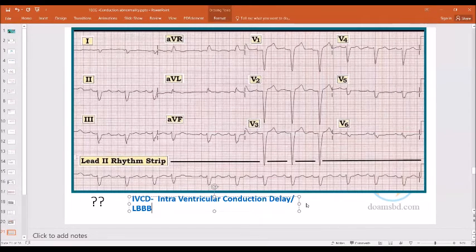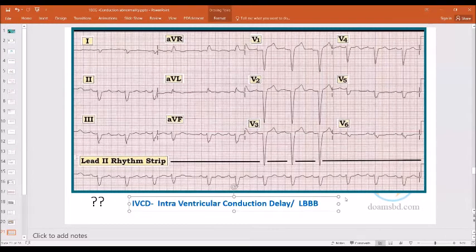Sir, if we are going with LBBB, the same opinion of the fractionation here, right? It could be LBBB again. But the width of the QRS is less than 3 small squares. Though there is a fractionation, the width is not of diagnostic value.